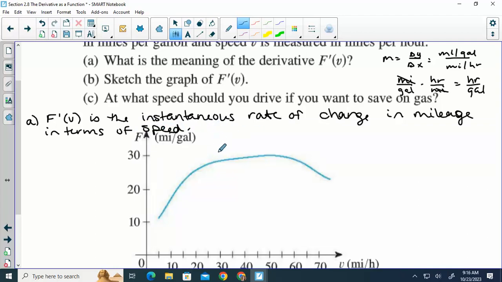Okay, or it's like telling you at a particular point in time, how is your mileage changing? Okay, it would give us hours per gallon. How many hours would you make it on a gallon of gas in that case?